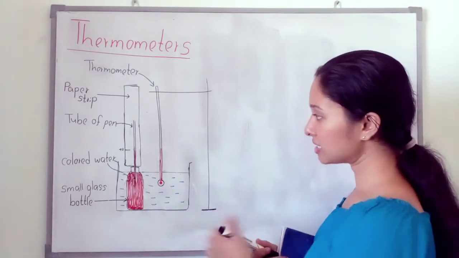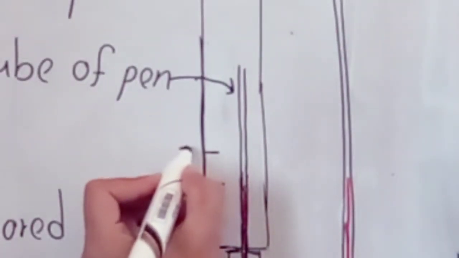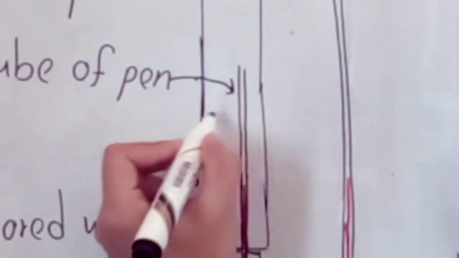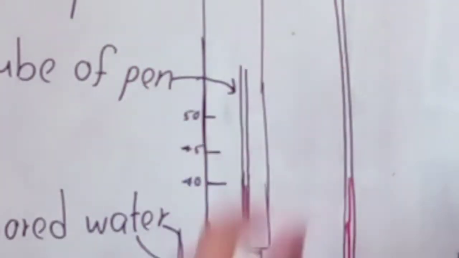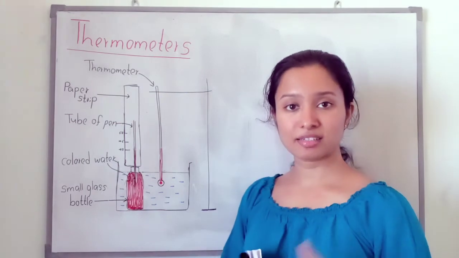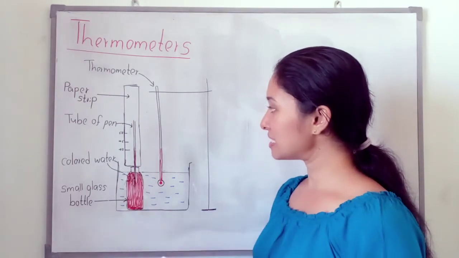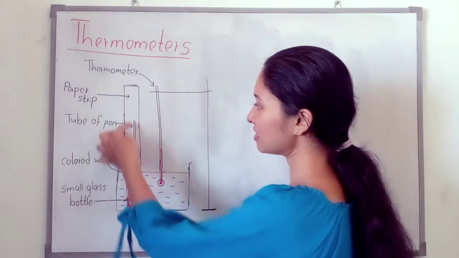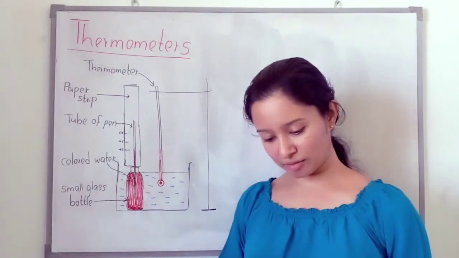Likewise, we can take some positions and temperatures: 45, 50. Likewise, we can take several temperatures. So, you can make a simple scale on the paper strip.